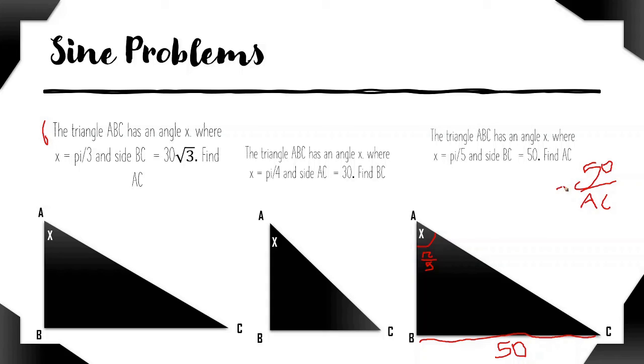And that is equal to, so now we need to find the degree version of pi over 5. So we can always just use the formula. So pi over 5 multiplied by 180 divided by pi, which is equal to degrees, sorry.